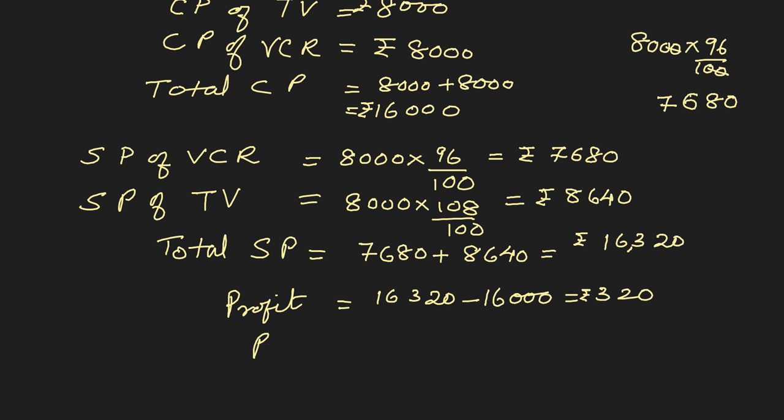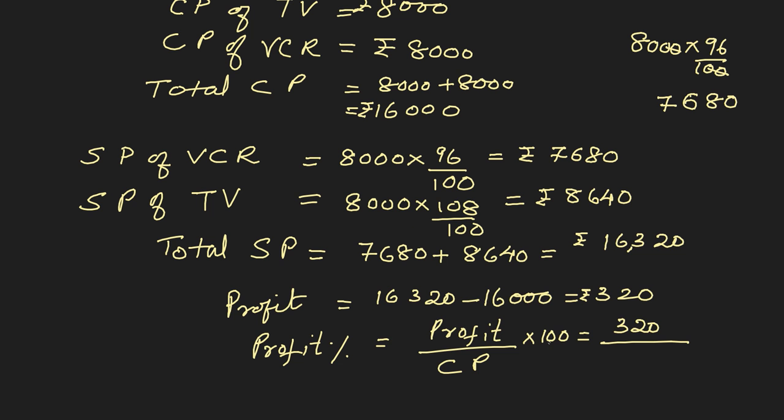Now how will you find out profit percent? Profit percent you can find out by the formula profit by cost price into 100. Here profit is 320 divided by total cost price, that is 16,000 into 100.